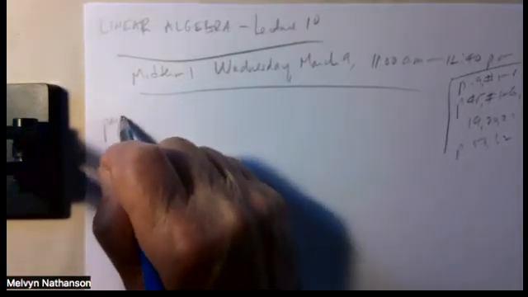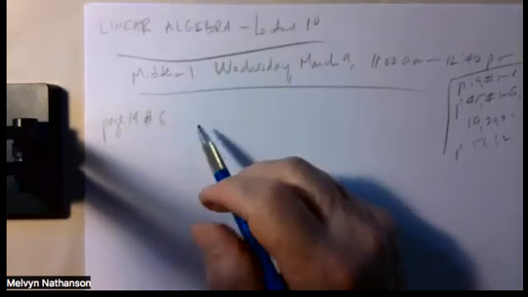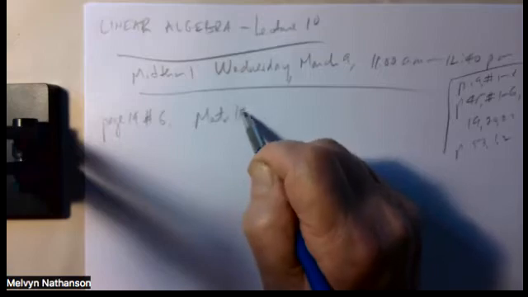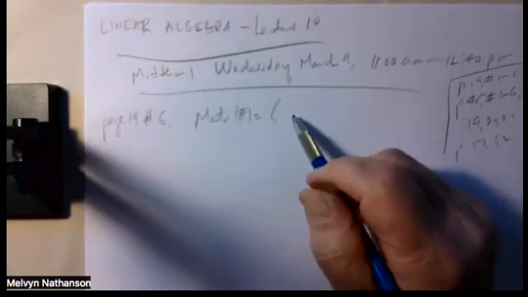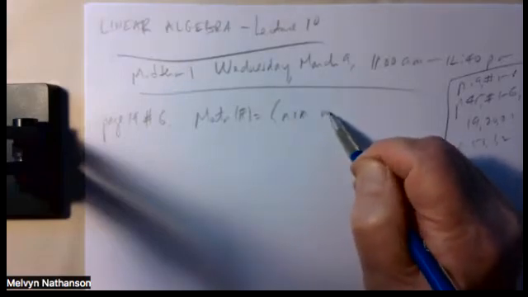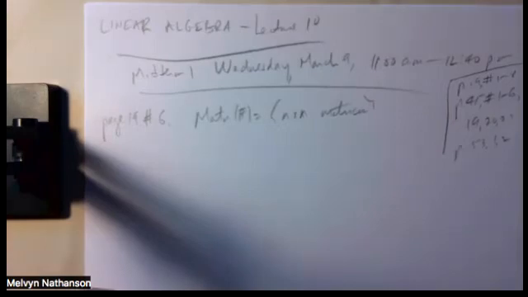So this is page 19, number 6. We're looking at the set of all square matrices, n by n matrices, and we want to prove its dimension is n squared.